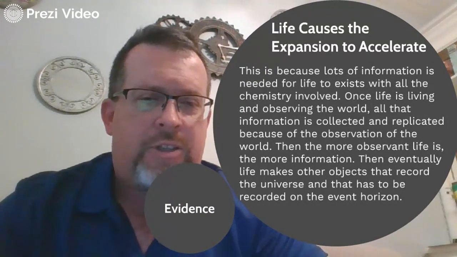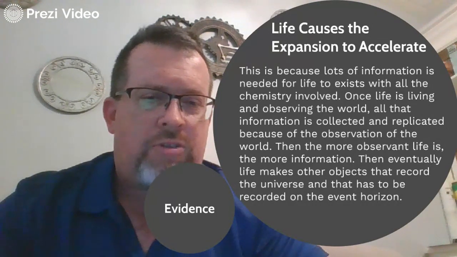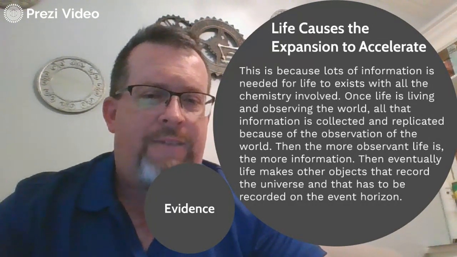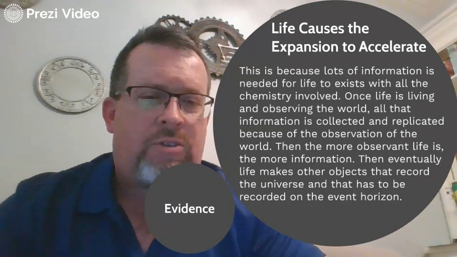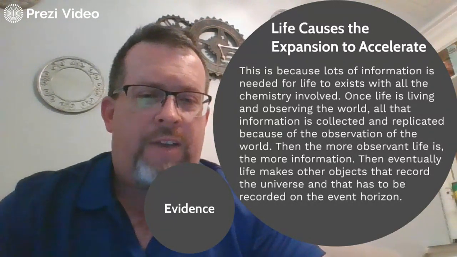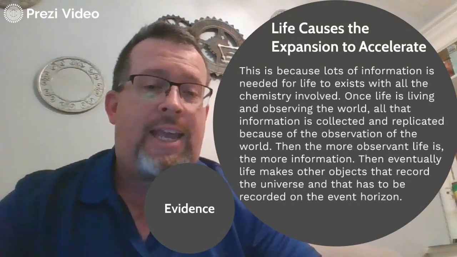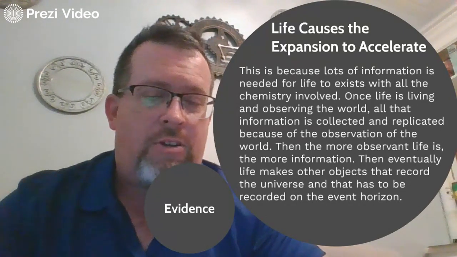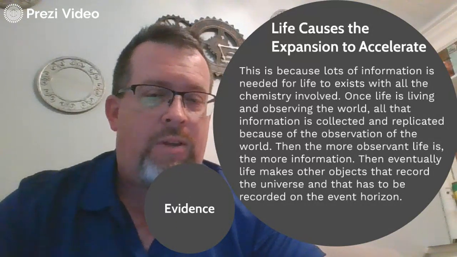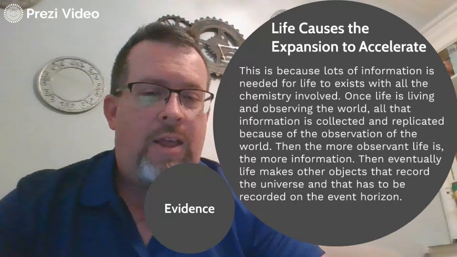Because there's so much information in life that exists, with all the chemistry involved, once life and living things start observing this world, all that information that causes its existence, and then it's seeing everything, observing what's going on in the universe, has to be collected, and now it's replicated because of the observation of the world.